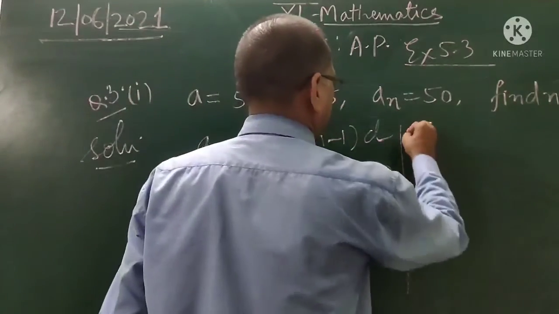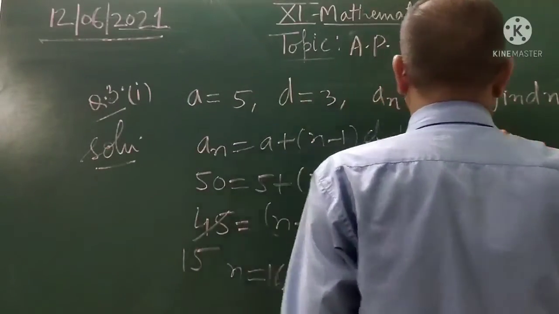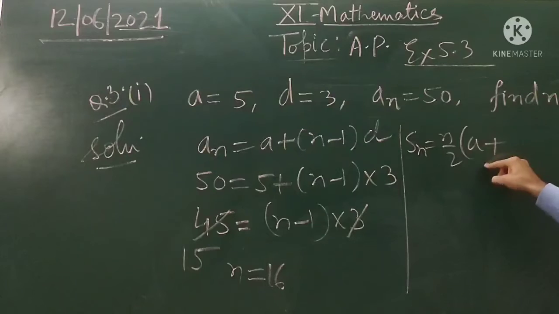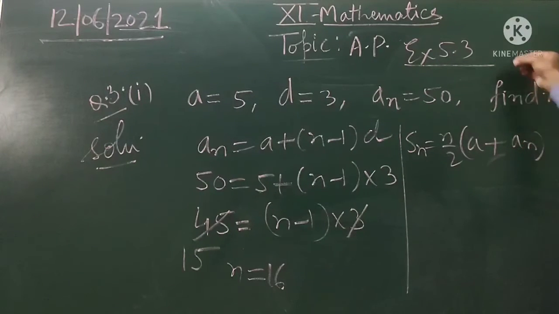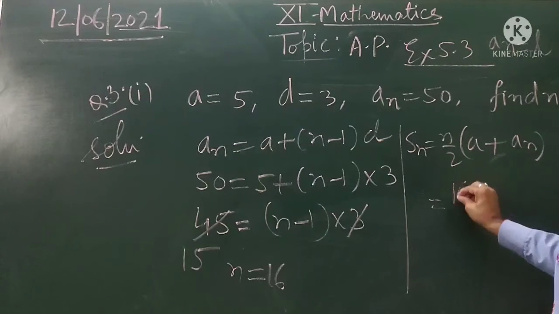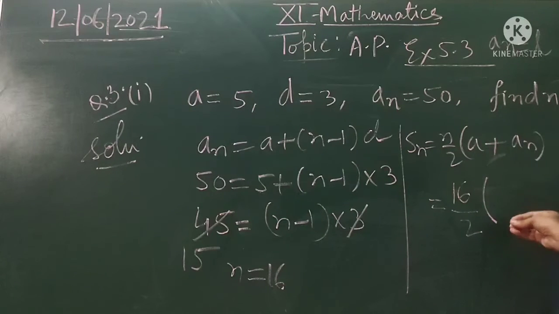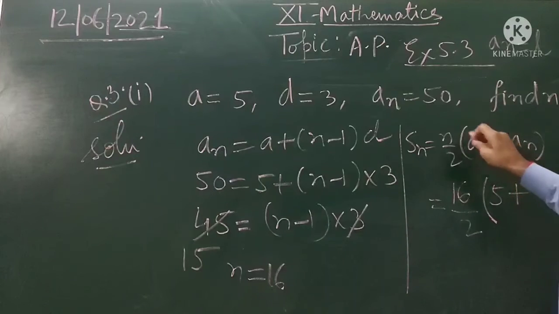Now Sn is n by 2 (a plus an). an means L, the last term. Now 16 upon 2, a equal to 5 plus an. an is 50.